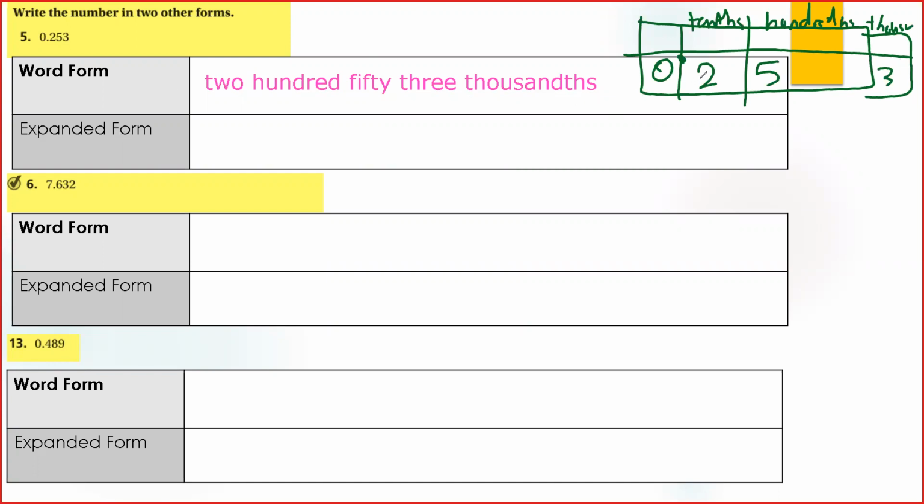Now what is the expanded form? 2 point what? 2 times 1 over what? 1 over 10. 2/10 plus 5 times what? 5 times what? 1 over 100.